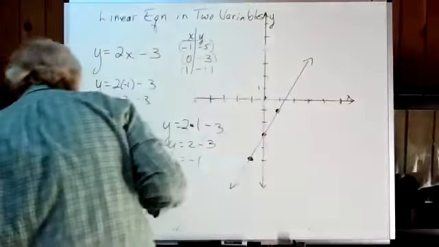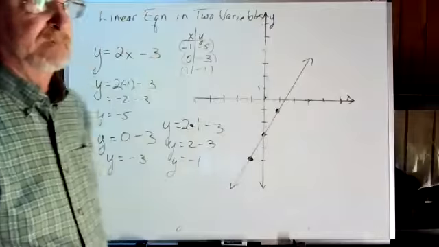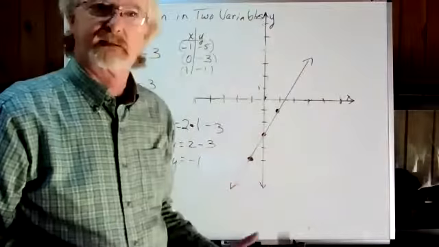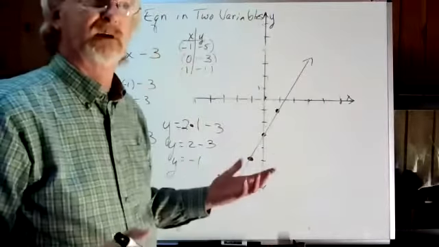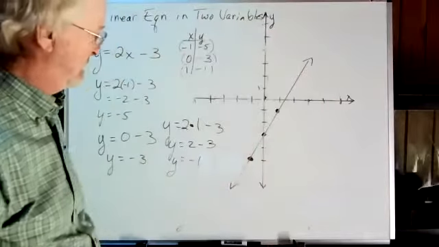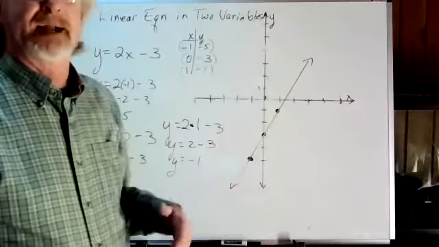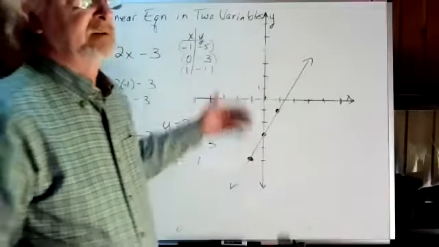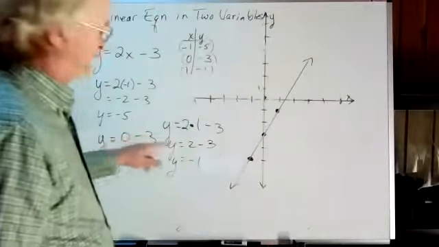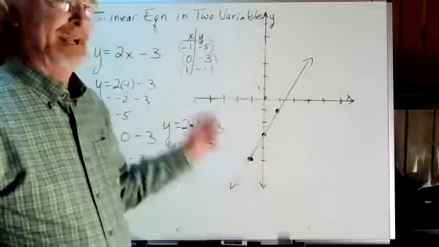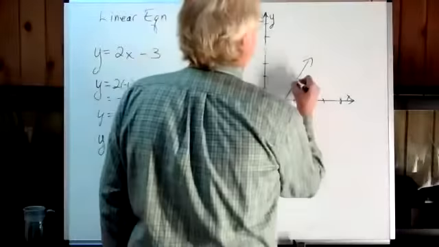If I connect the dots, they all are on a straight line. That's what's really special about these equations with 2 variables that are linear equations. Their pattern of solutions creates a line, a consistent pattern that we can follow. Now, I calculated 3 specific solutions, but any point on that line is a solution.